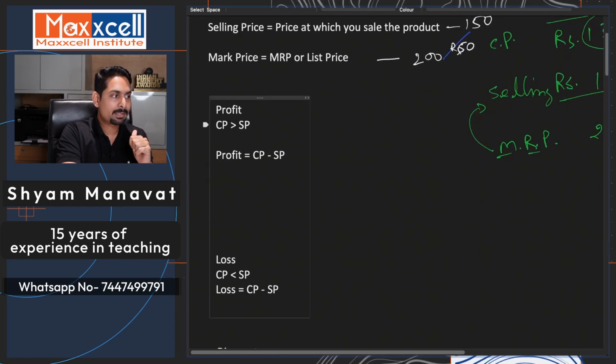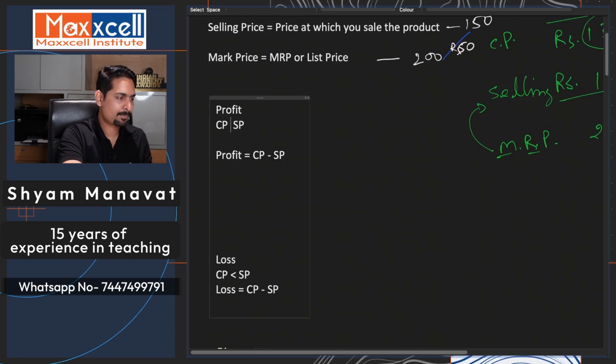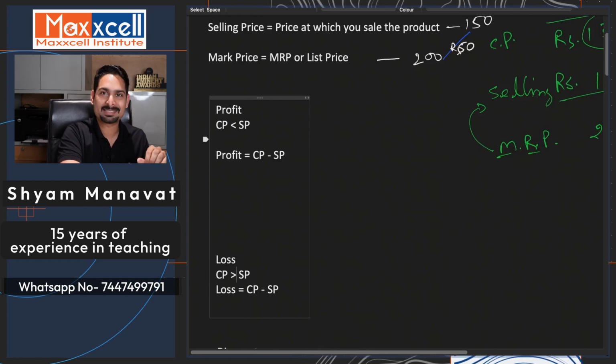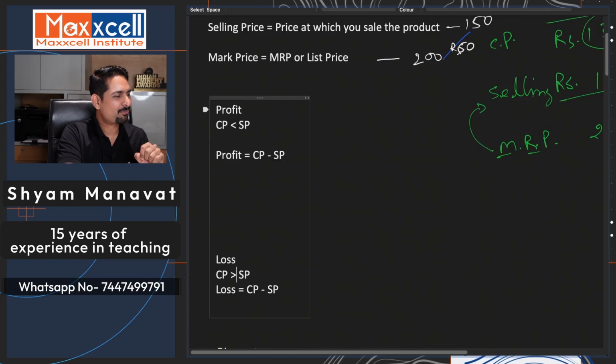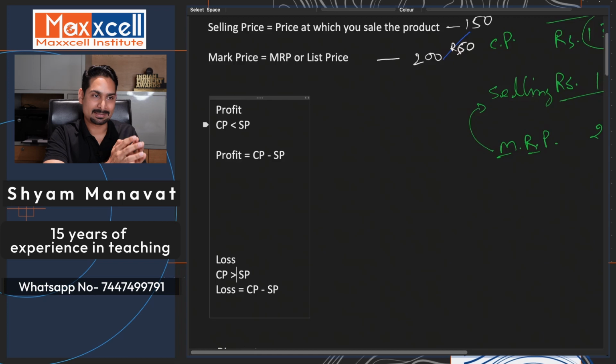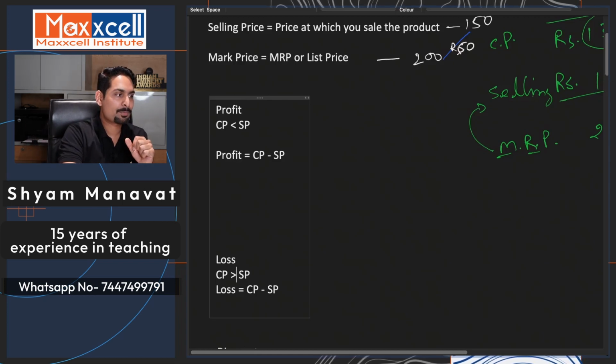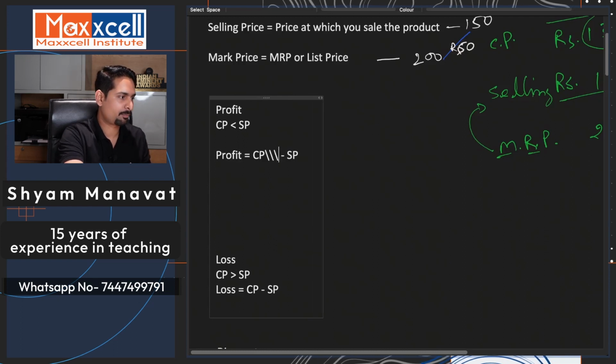Now profit. If the product is costing you less and you are selling the product at a higher price, in that case you earn profit. You earn what? Profit.